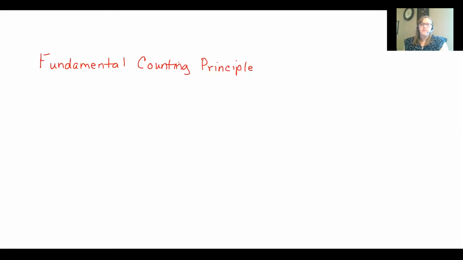All right, so we're going to start out with finishing up the tiny bit we had left on 3.3. We're going to talk about the fundamental counting principle, and that definition is on the handout that I gave you on Thursday of last week. The definition is for a multi-stage experiment with n stages.